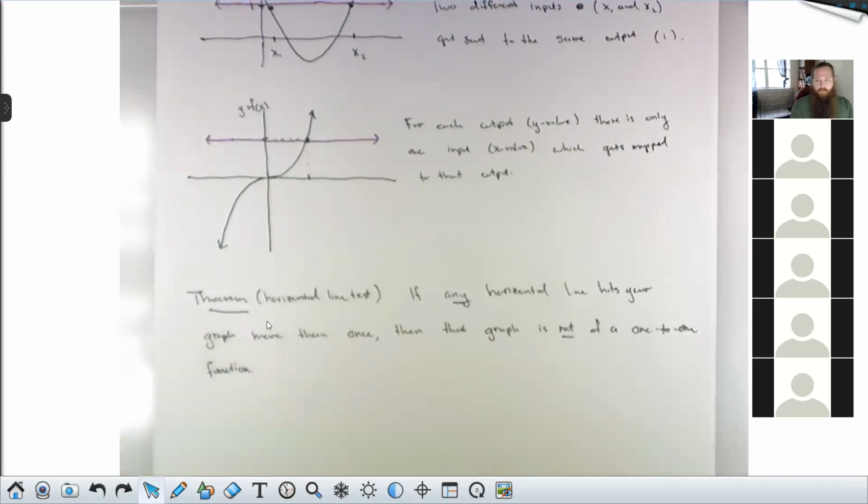And the contrapositive here says if no horizontal line hits your graph more than once, then your graph is a 1-to-1 function.